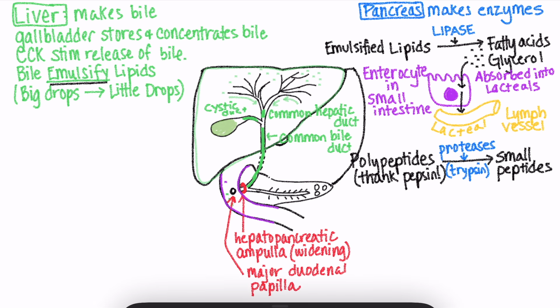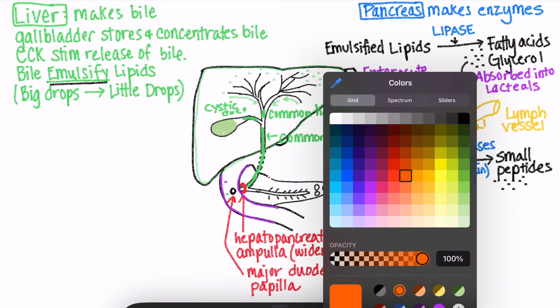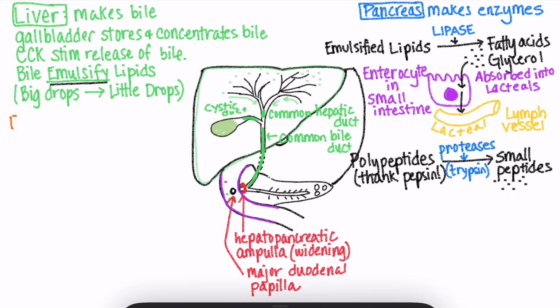And so then we have these small peptides. Not quite ready to be absorbed yet though. They need a little bit of help. They can't be absorbed straight into the lacteals like the fatty acids. Instead, they require the help of brush border enzymes that are in the small intestine.